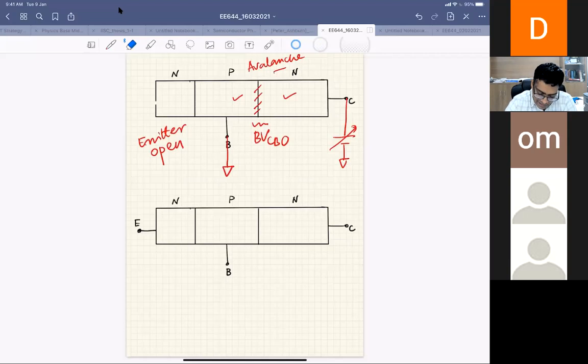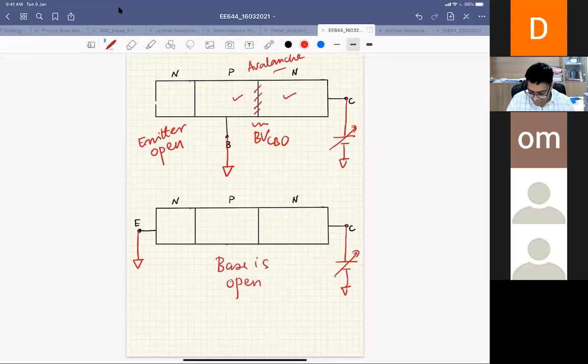Similarly, in the common emitter configuration, let's say your base is open, right? You will go on increasing the collector voltage. At some point, a very high current will flow. Basically, this is again a diode structure, NPN, but your base is open.